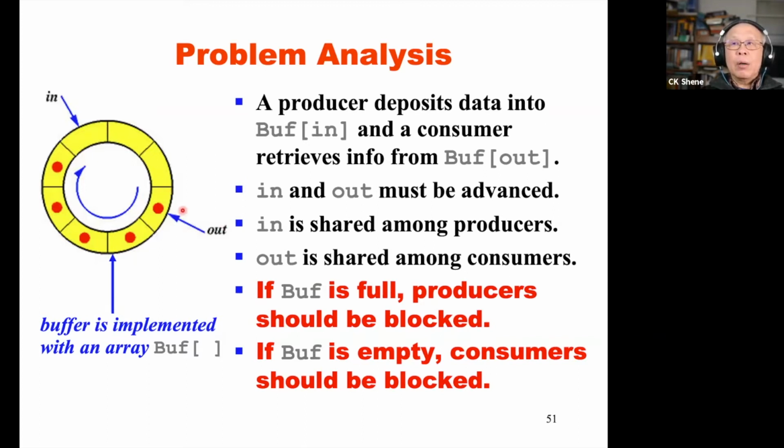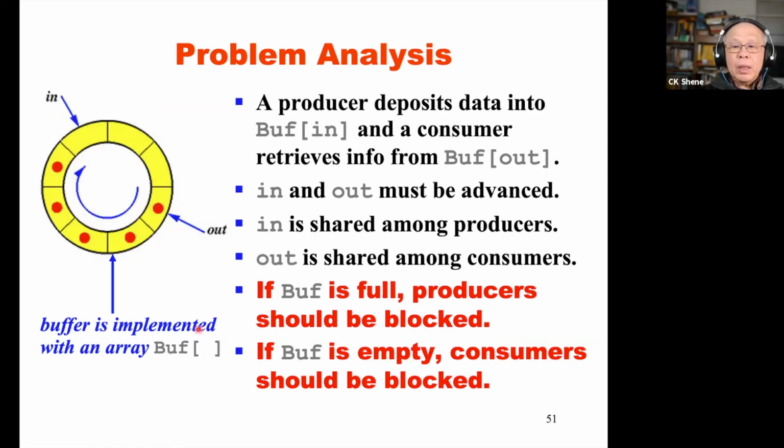So if you allow the producer to add information into the buffer, this new information would override the first available information to be retrieved and pointed at by the out pointer. So this is something you have to take care of. The first boundary condition is if the buffer is full, the producer must be blocked. Until what? Until the buffer has an empty slot.